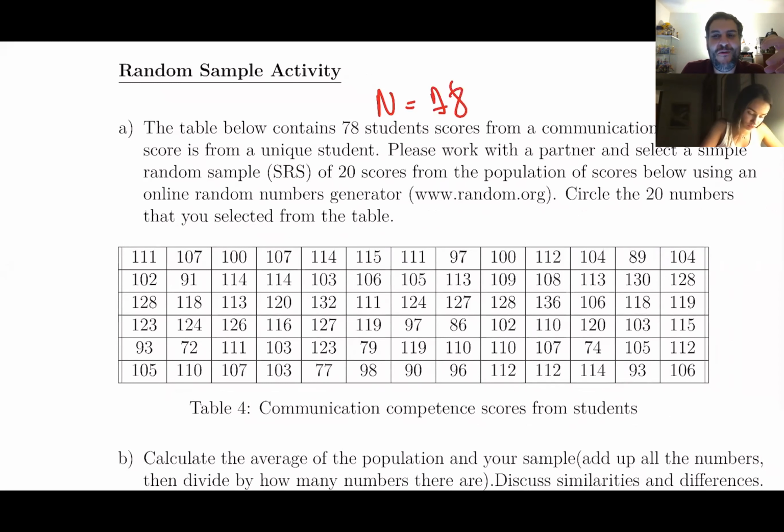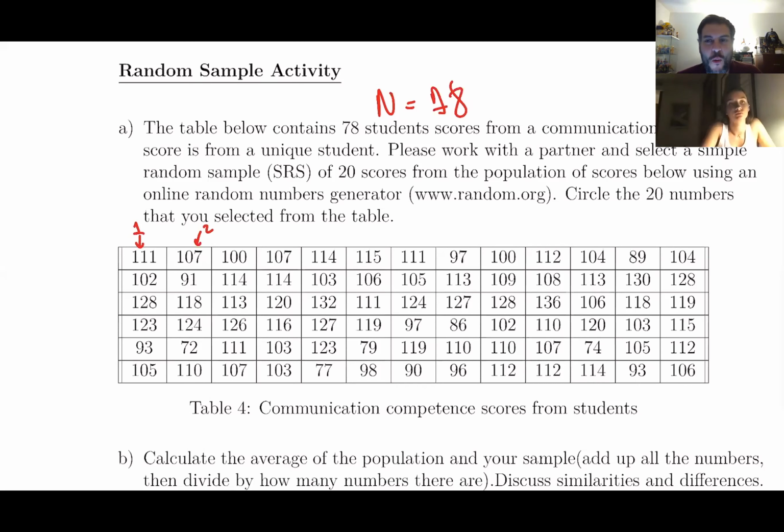We really don't want to use our intuition of what random is, so we're going to let the calculator randomly choose for us. We're going to number each one of these. Say 111, we're going to say that's number 1. 107, that's 2.